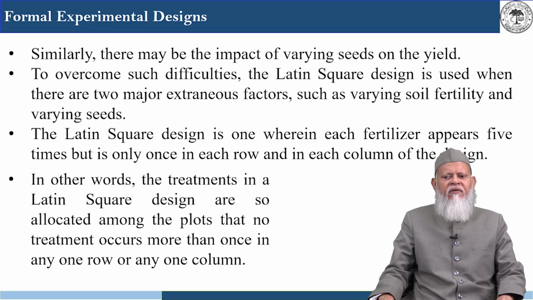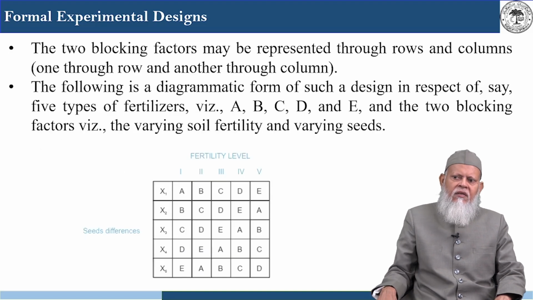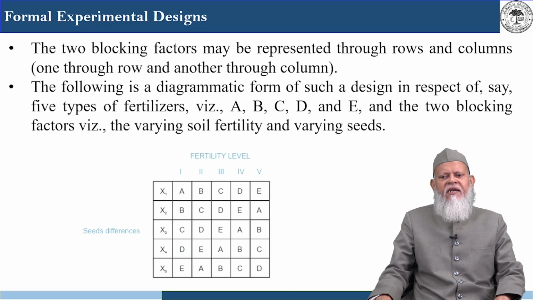So, in other words, the treatments in Latin square design are also allocated among the plots so that no treatment occurs more than once in one row or any column. That is the beauty of this design. The two blocking factors, that is extraneous variables, are also represented through rows and columns, one through row and another through column.